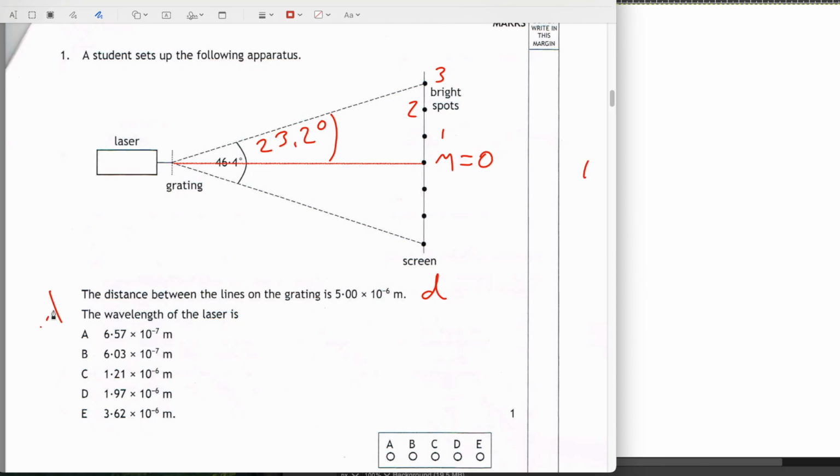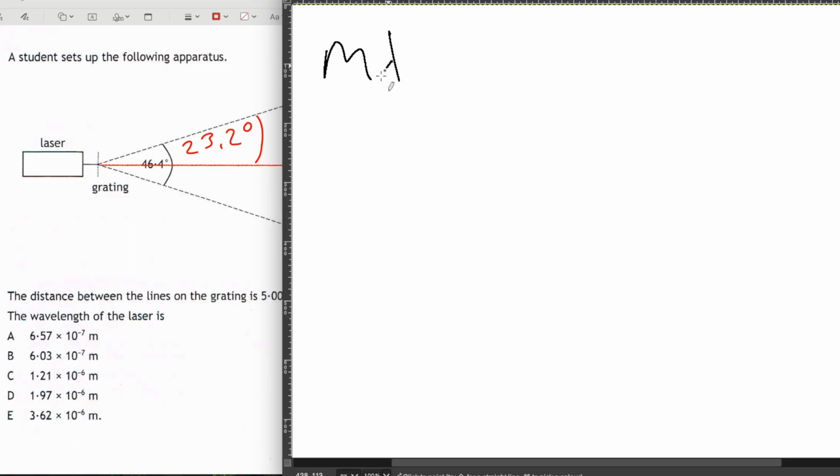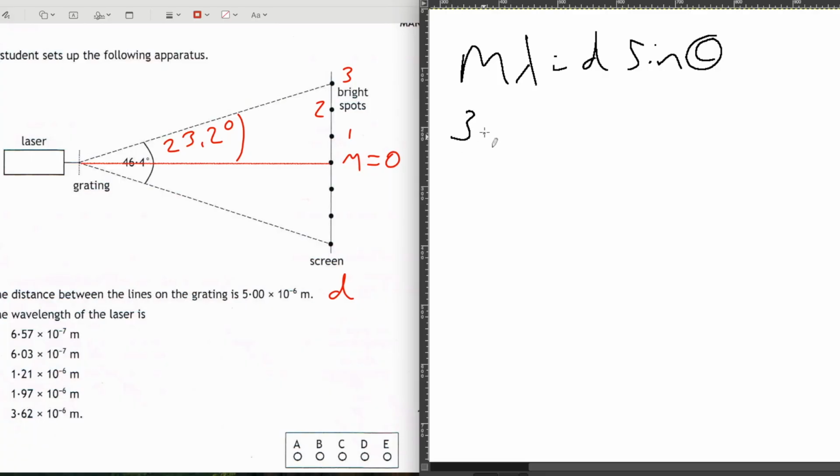All right, lambda. So what formula do we know with all these things in it? Well, it is, of course, m lambda equals d sine theta. And then you put your numbers in. m is 3. 3 lambda is d, which is 5 times 10 to the minus 6, sine 23.2.